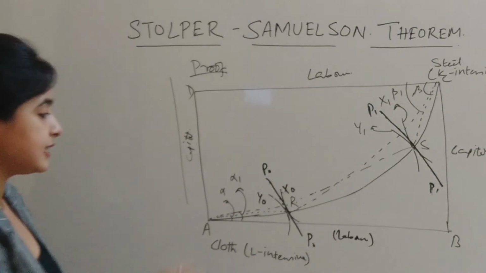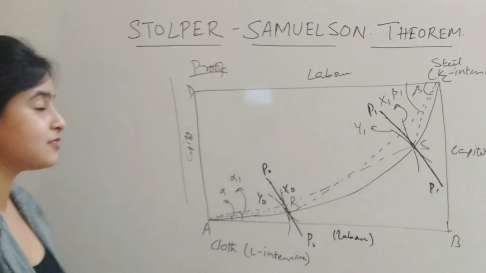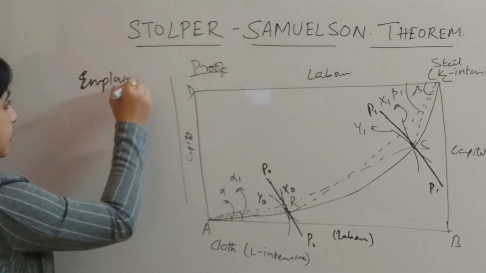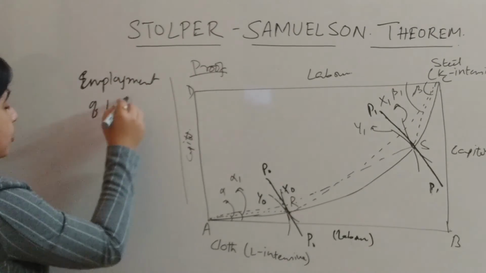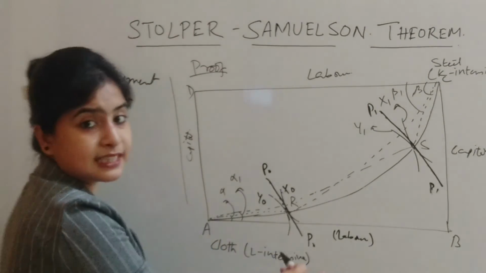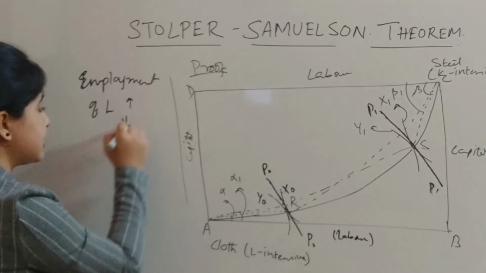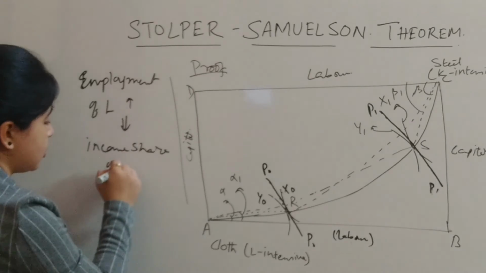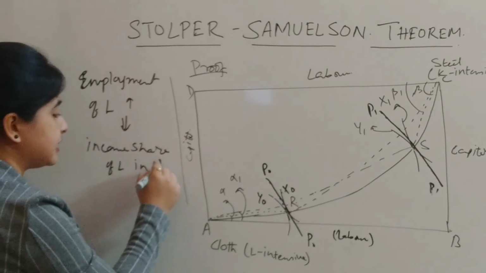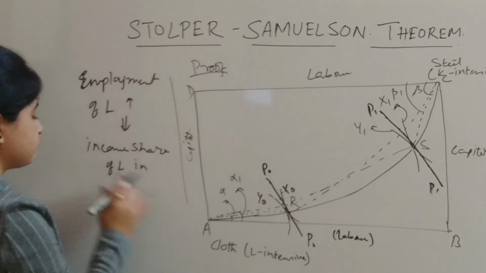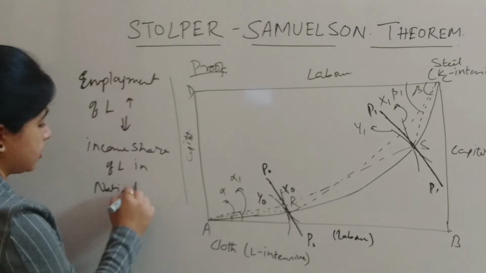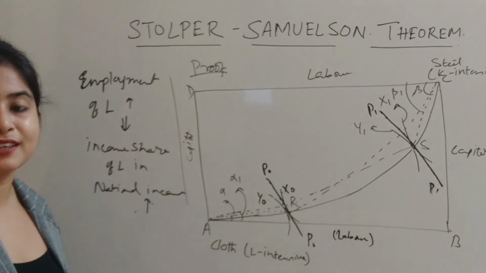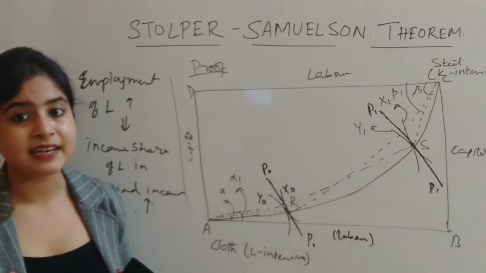As I said, the employment of labor is increasing, so this implies that the income share of labor in the national income will also be increasing, because more and more labor is getting employed.